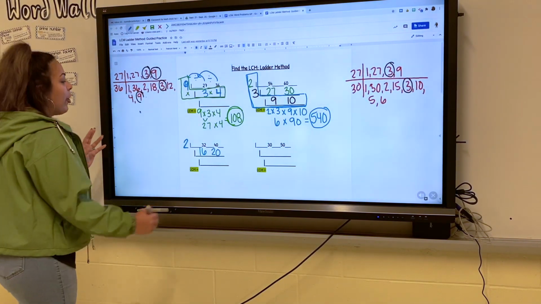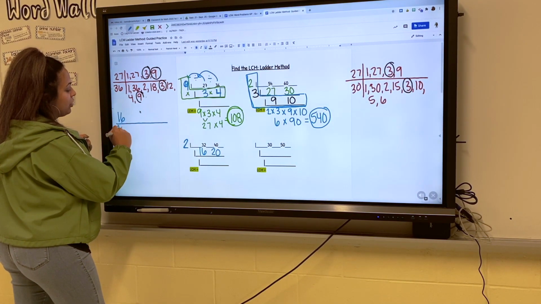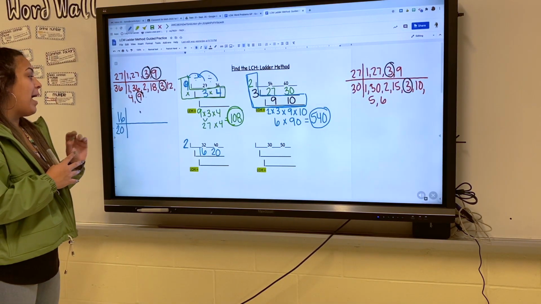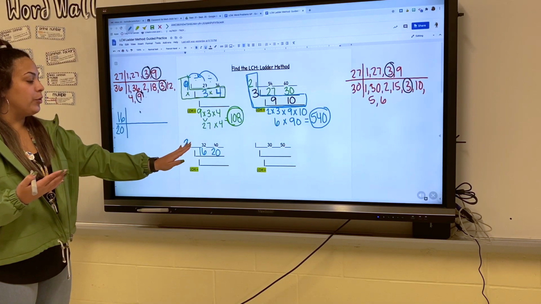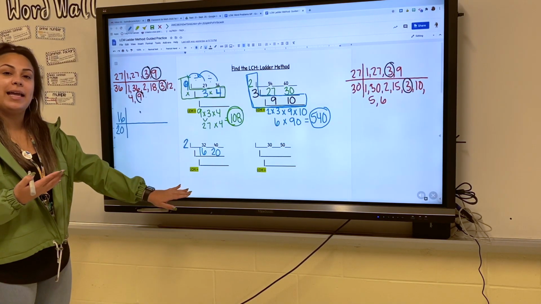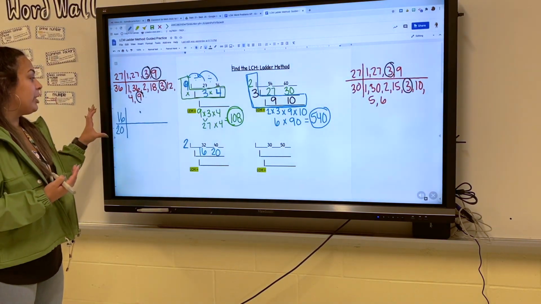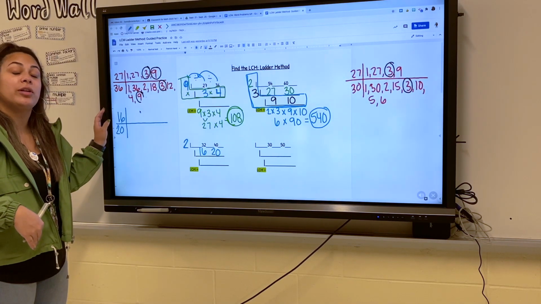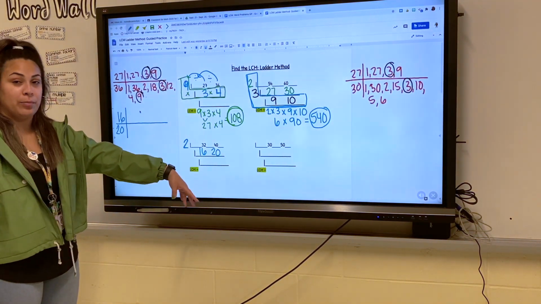And if you didn't know that, you could always just set up a factor table and figure that out. I would suggest making a factor table whenever you get towards the end of the ladder and you are still multiplying by 2, so you don't have to keep going by 2, and you can find the largest common factor between the numbers.